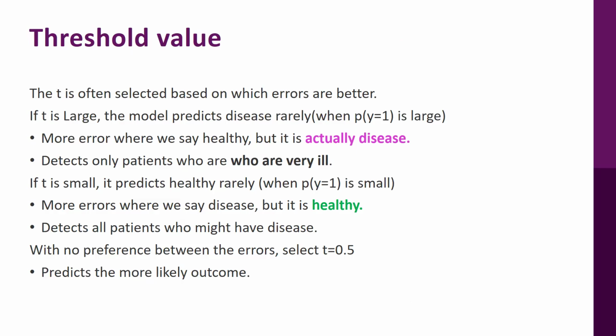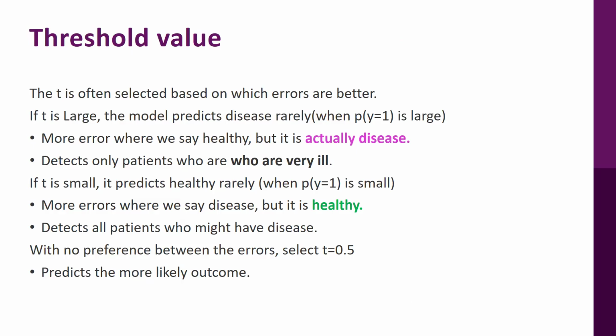And in this case, the model would detect most people as being healthy and would put them in the 0 class. The error occurs because we may have false negative results. Here, false negative means that people would be falsely classified as being healthy, whereas they were actually ill or diseased.